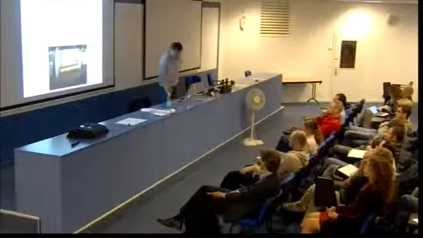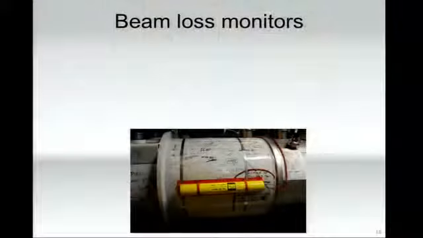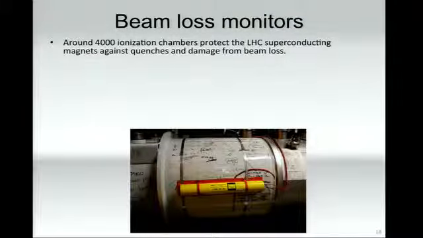The other really important system is the beam loss monitor system. Okay, this is a beam loss monitor at Point 2. So there's around 4,000 of these protecting the LHC against quenches or damage from beam loss.